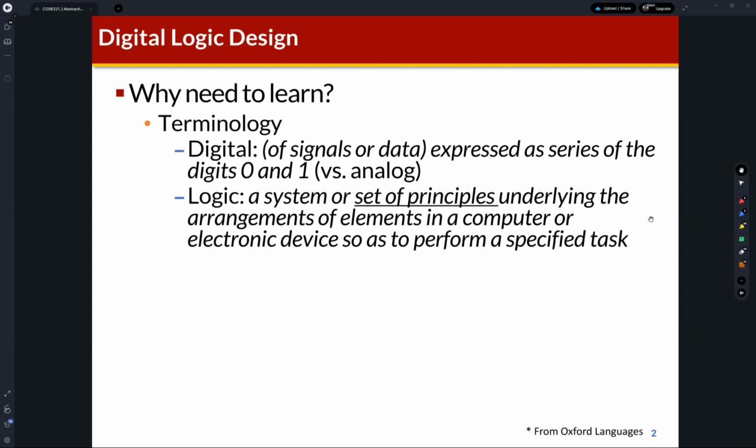Digital logic design is a fundamental course for understanding the very complex computer system architecture. I hope that through the first class you can understand why you need to learn this course. I think motivation is very important for students.